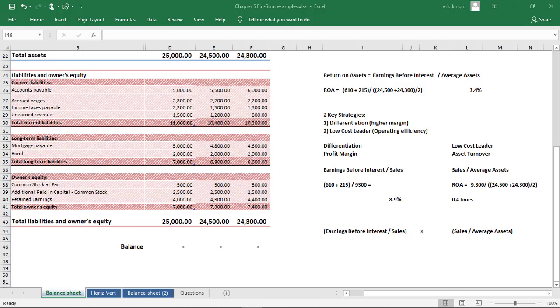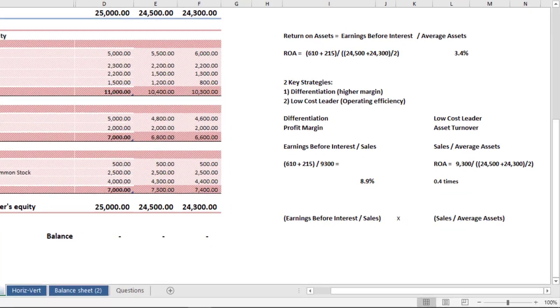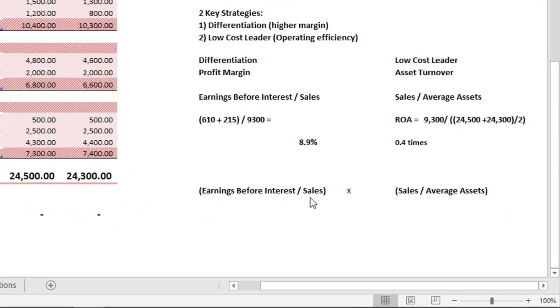If you combine these two strategies, you take the earnings before interest over sales, multiply that by the sales divided by the average assets. When you take these two formulas, the differentiation and the low-cost leader, the two formulas for profit margin and asset turnover, and multiply them together, you see that the sales will cancel out. Sales will be on the bottom here, on the top here, cancel each other out.